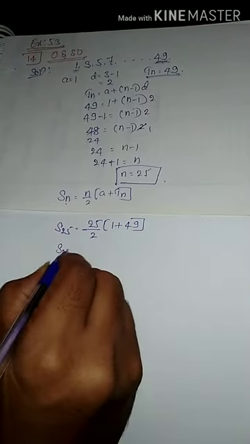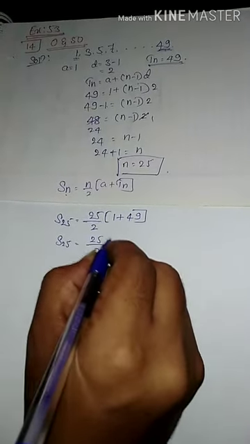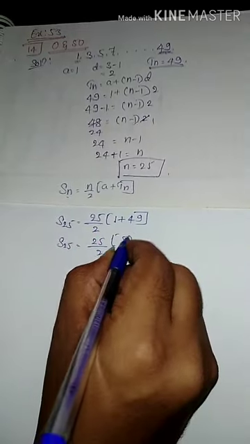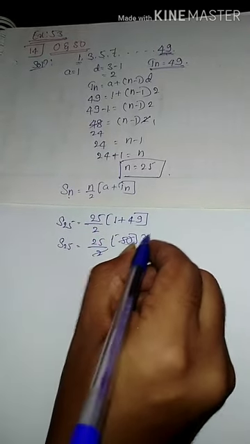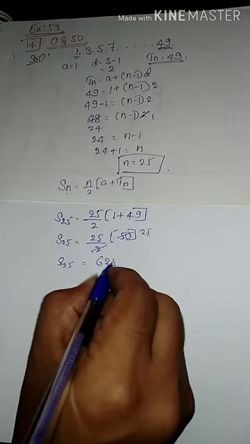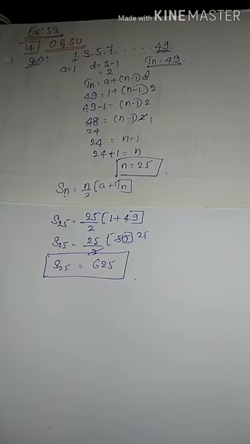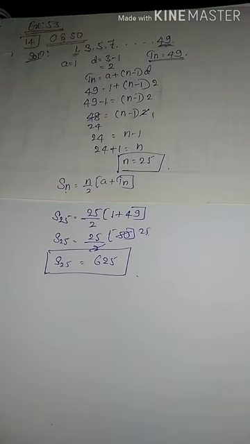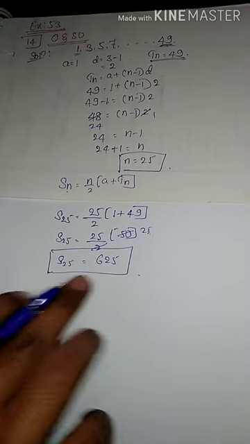S25 is equal to 25 by 2 into 1 plus 49 is 50. 2 25s are 50. So S25 is equal to 25 into 25, which is 625. Therefore, the sum of the odd numbers between 0 and 50 is 625.